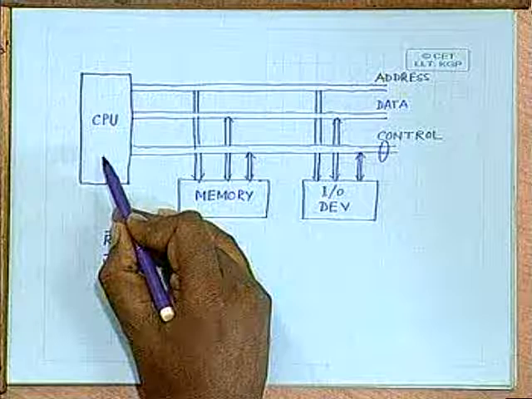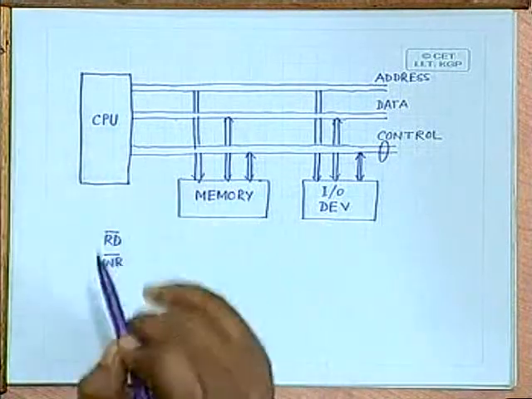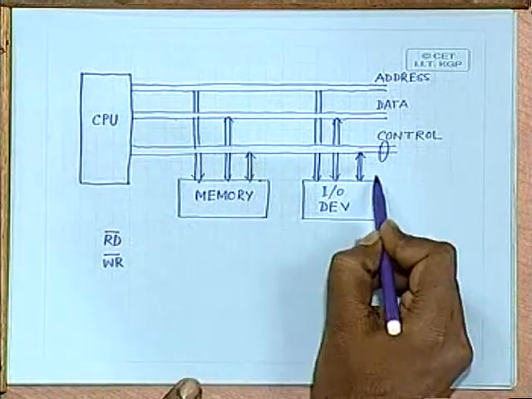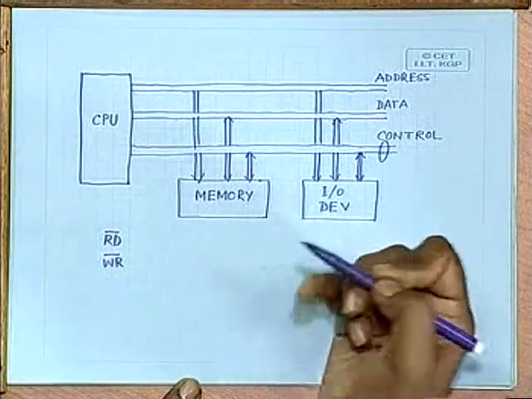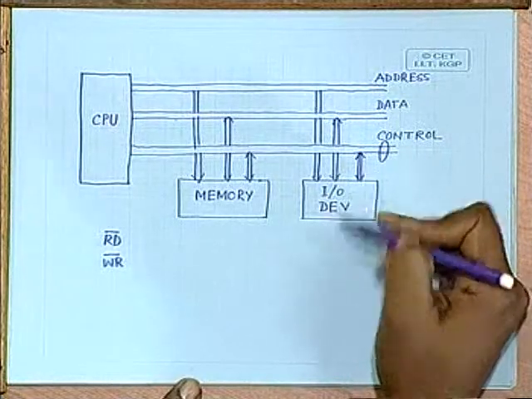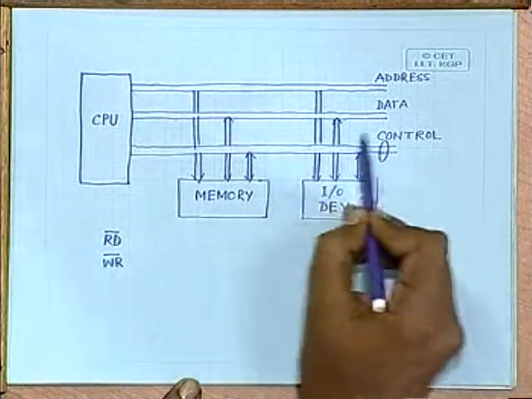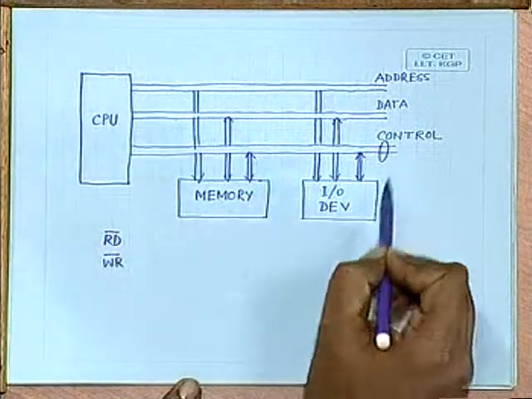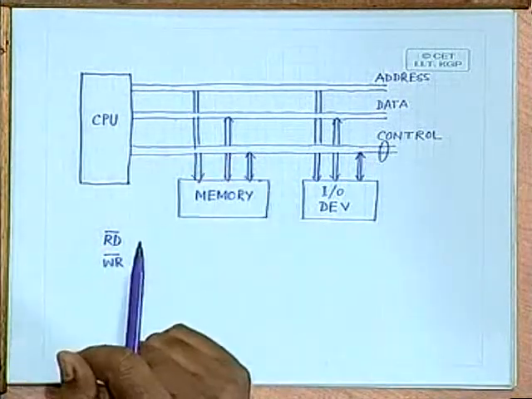We must have some memory unit interfaced to the CPU, where the data can be saved or read, and we must have some input output devices to feed some data to the CPU for processing, or to get the processed data from the CPU. So, when we have these three interfaced together, what we have is a basic computer.